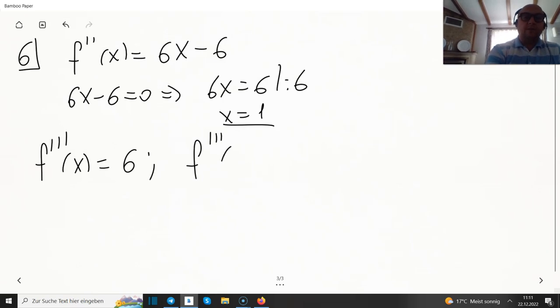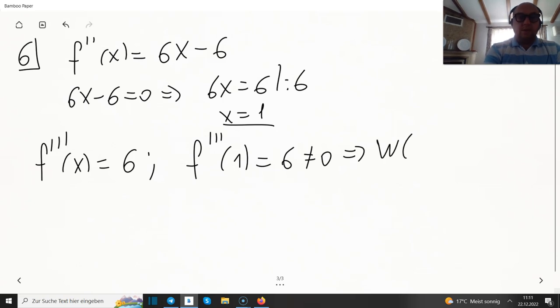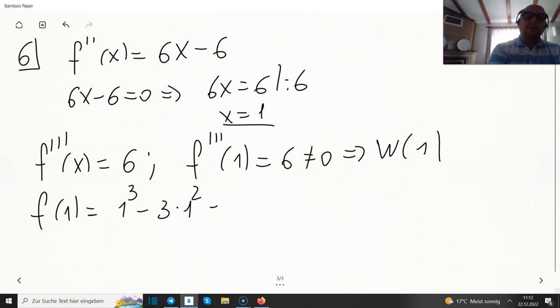The third derivative at 1 is still 6, so it's unequal to 0, so we have a point of inflection. Let's call it W, and we have it at 1. Let's produce f of 1, which is 1 cubed minus 3 times 1 squared, which is 1 minus 3, which is minus 2. Do we have enough? Yes, we do have enough.